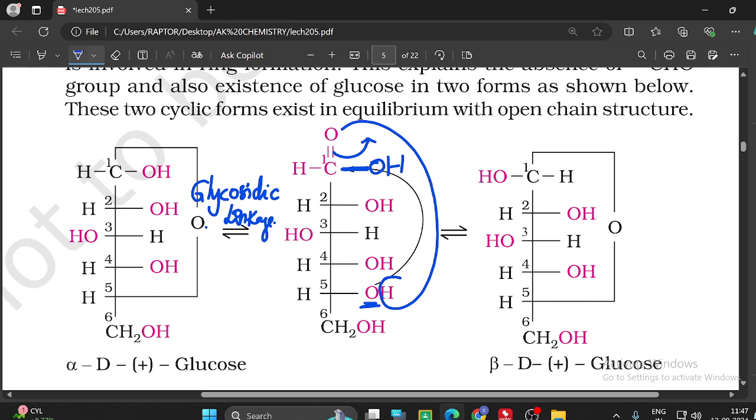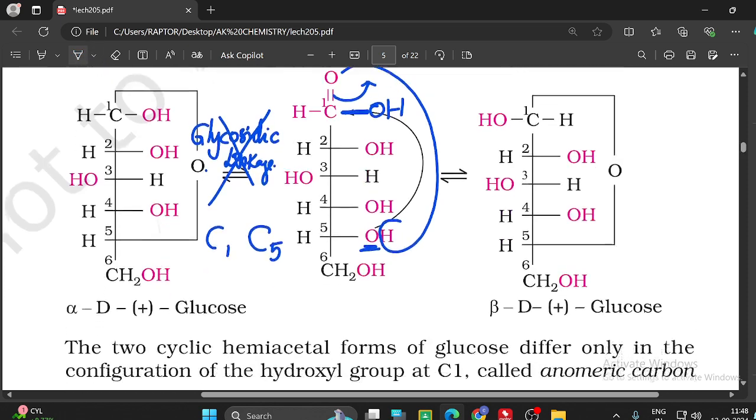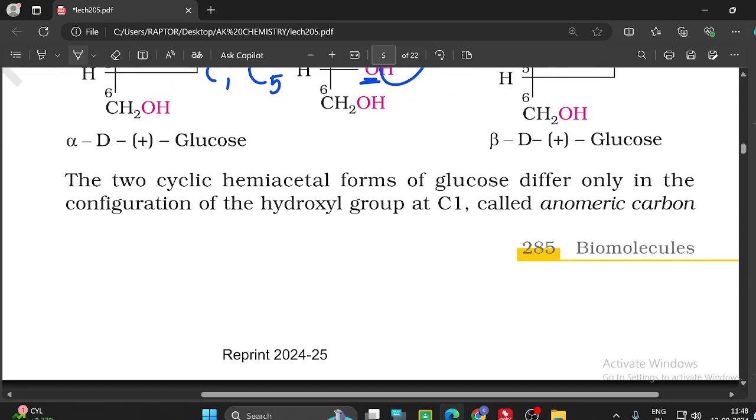They are also from C1 to C5 carbon. I thought you remembered that. That's why I said that. Actually, this is not glycosidic. This is an oxygen bridge only. That's not needed for us. Actually, we are proving the cyclic structure. That's all. And actually, this is not important for you.